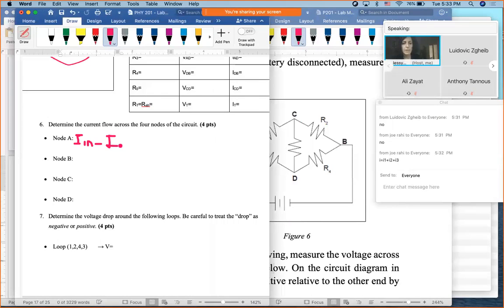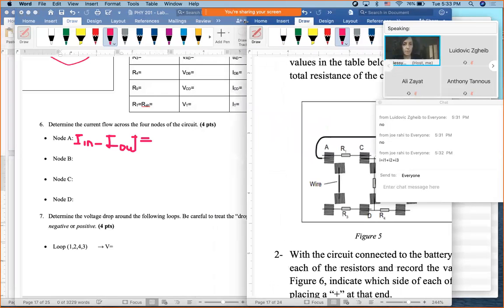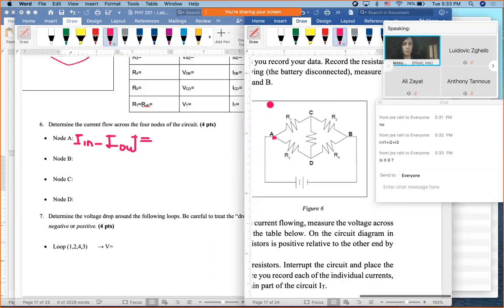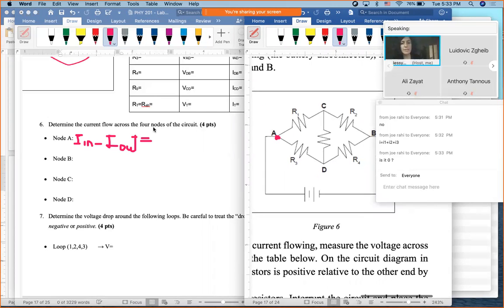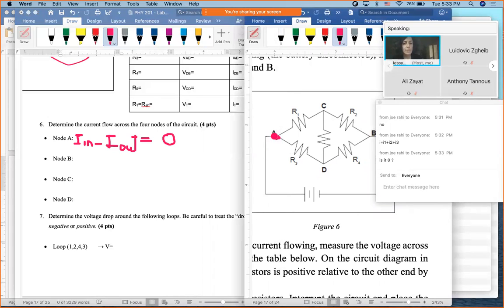Yes, Joe, I know that current in should be equal to current out, but here they want the flow. The flow is in minus out. So this is gonna be 0 eventually, but we need to prove it. What do you call the current that is going into A?